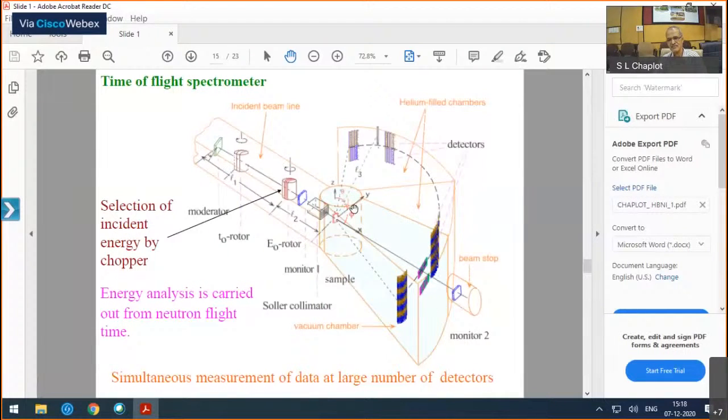And this flight path is measured. You have to pulse the beam, so you have a pulsing system, and then from that point to the detector, you can measure the actual neutron time of flight and determine its energy. So you have a selection of the incident energy, and then you do energy analysis using the neutron time of flight from the sample to the detectors.